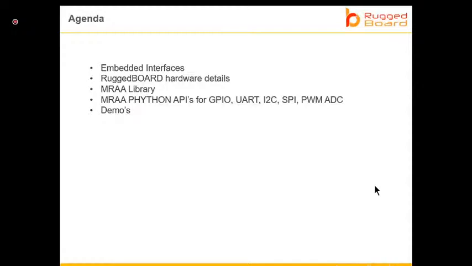So this whole session is about using a Linux board, Linux-based hardware, but you need not have a deep understanding of the Linux operating system. That's how the MRAA library helps us, right?